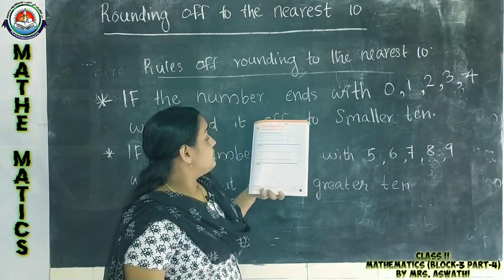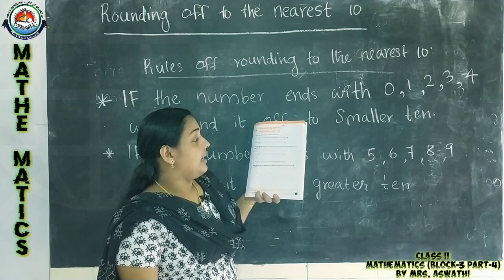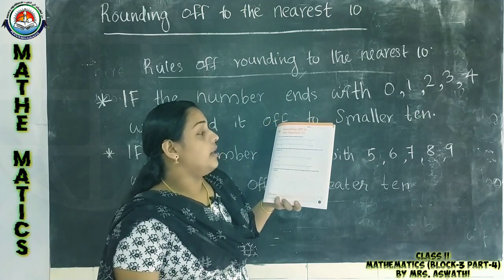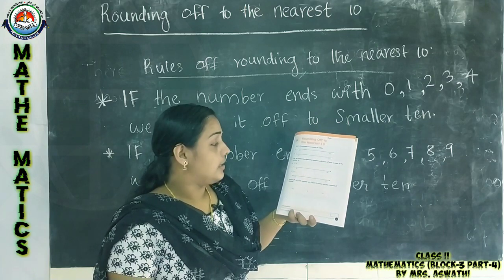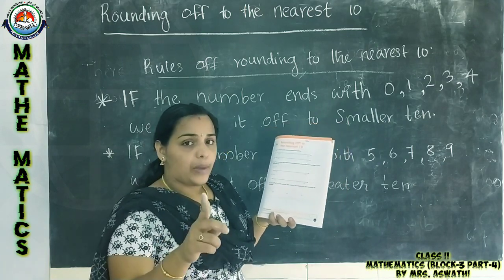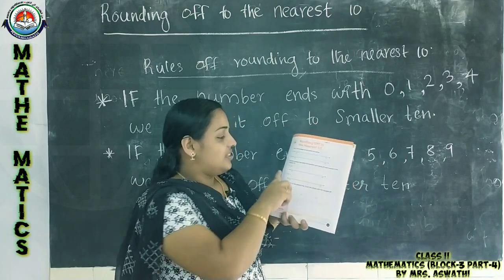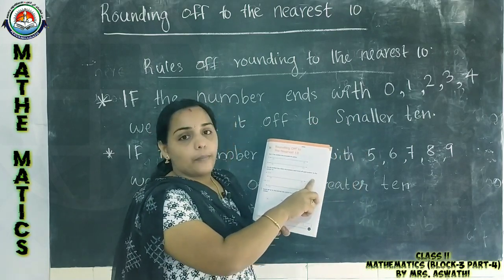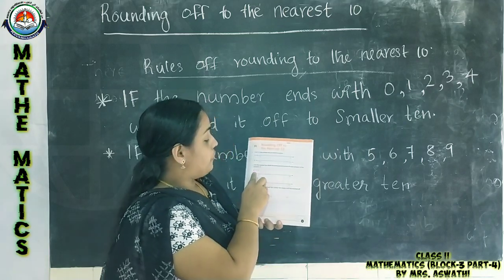Then second question. Use the number line. Mark the numbers and round off each number to the nearest 10 using the number line, not by visualizing in your mind. You just draw the number line and find the position of 37.